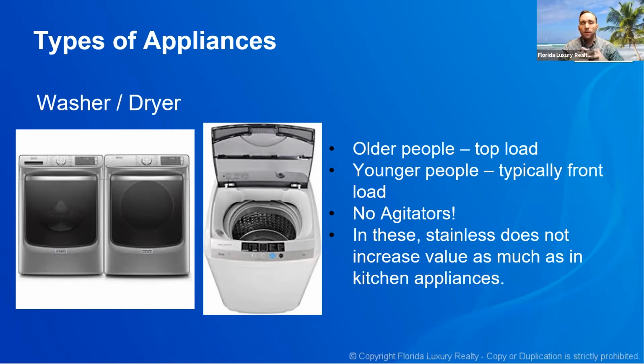It's becoming the preference in the market, but even as of 2019, for washers and dryers, it was mostly white. There are some black ones, but the lion's share is still white washers and dryers. So I don't know why, but it is an anomaly, especially compared to other appliances.